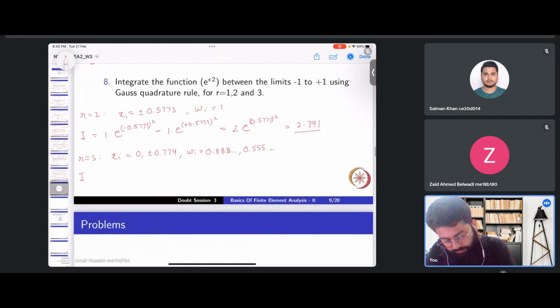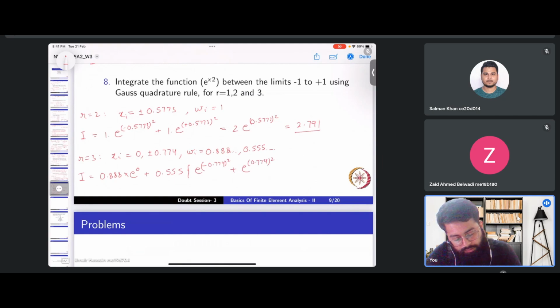So our integral becomes e to the power 0 plus 0.555 times, just take them common, e to the power minus 0.774 square plus e to the power plus 0.774 square.